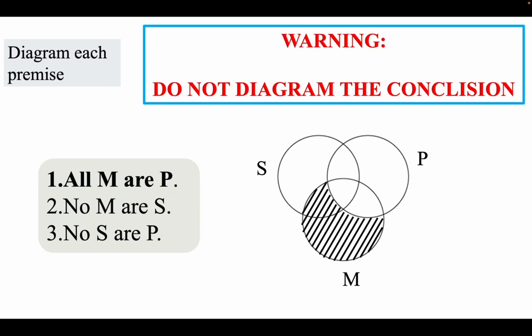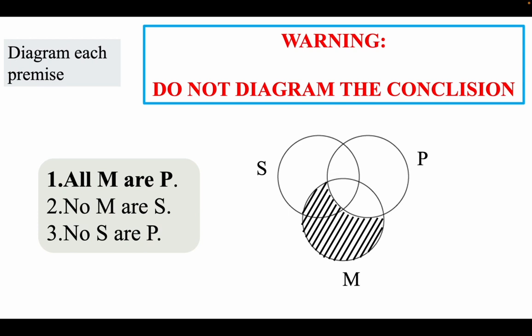Warning: do not diagram the conclusion. The conclusion is what we are trying to determine. So you do not touch the conclusion. What you do is diagram only the first two premises, the only two premises. Now, what do I mean by diagram the premises?